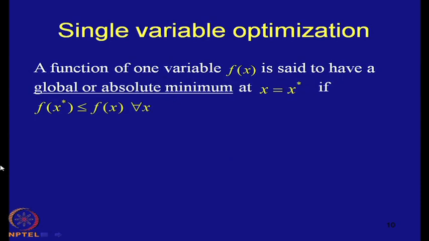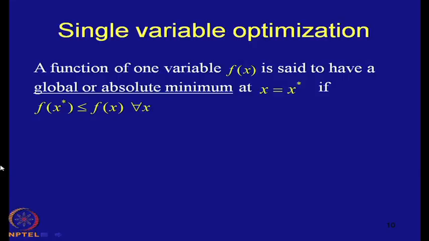Similarly, we can define the global minimum or the absolute minimum as well. A function f(x) of one variable is said to have a global or absolute minimum at x equal to x star if f(x star) is less than or equal to f(x) for all x belonging to the given domain of definition, that is a to b, the whole interval.